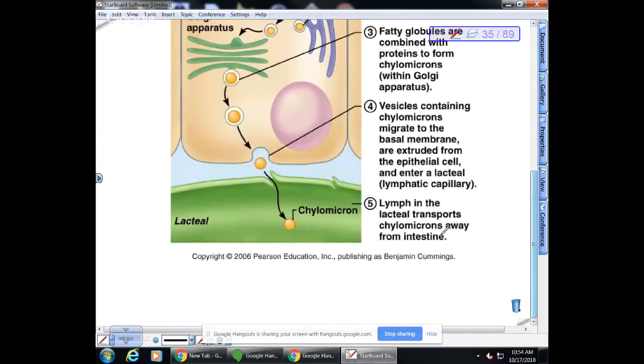So lipids are packaged into chylomicrons. And the chylomicrons have a protein coat that makes them more soluble in water. Okay, so they're covered in proteins, which make them more soluble in water.